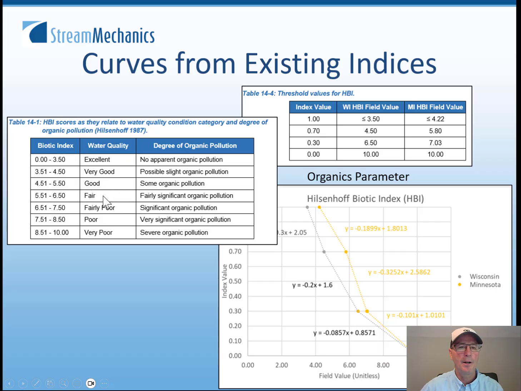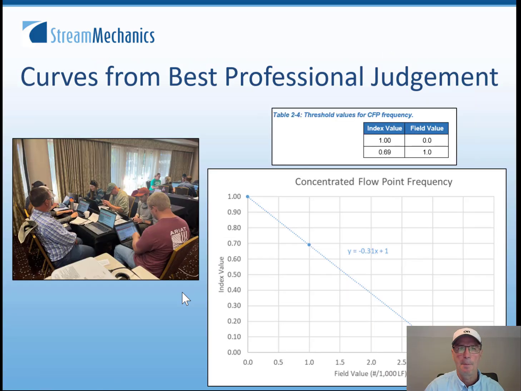We want fair and fairly poor to be functioning at risk, and we want poor and very poor to be not functioning. From that, you can then develop your thresholds, and from the thresholds, develop your reference curves. We often do see reference curves developed from indices like this have more breaks than some of the more simple curves that I have shown.